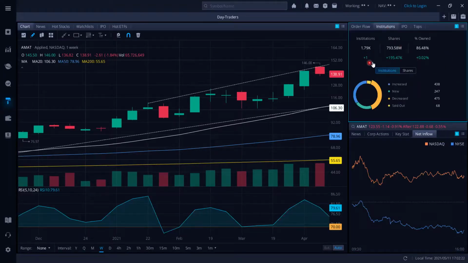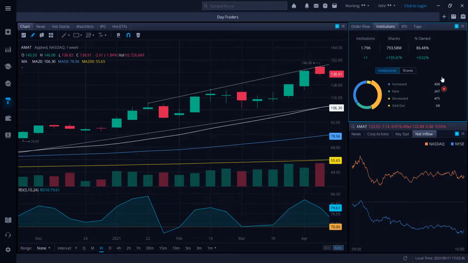Institutions seem to be, we've got plus one here, about 195,000. They own about 86.5% of this thing. We see 475 decrease their positions.